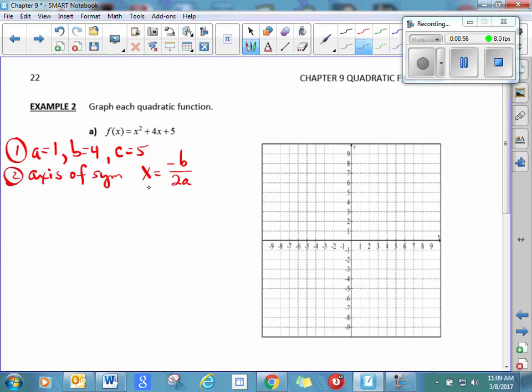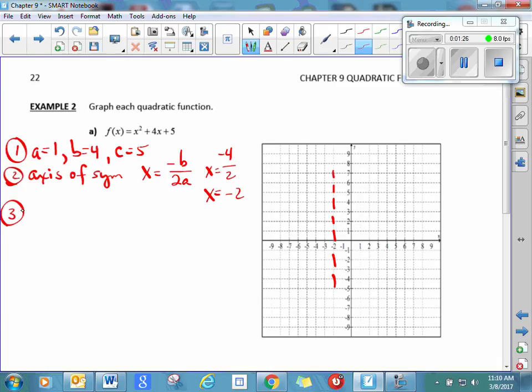So that is opposite of 4 is negative 4. 2 times 1 is 2. And so our x value is going to equal negative 2. So we can go ahead and draw our axis of symmetry through negative 2 as it chops through the x-axis right at negative 2. So that's our first piece of our graph that we can actually graph.